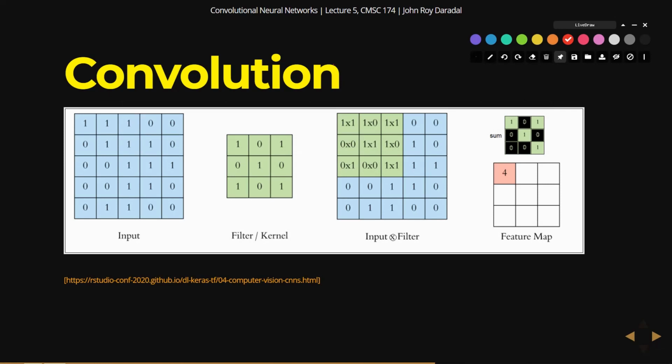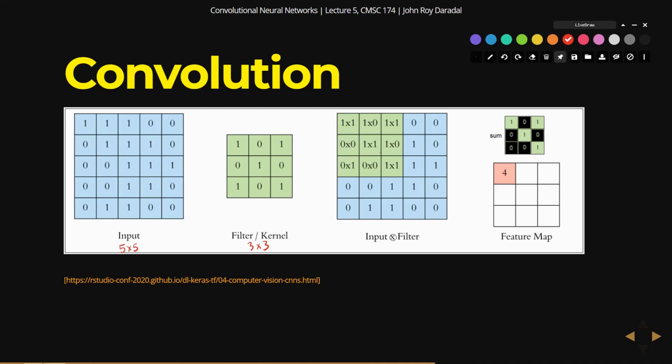So let me write that down. So this is a 5x5 input, and the kernel size is 3x3. So the filter is smaller, of course. So we will first look at the 3x3 window here.